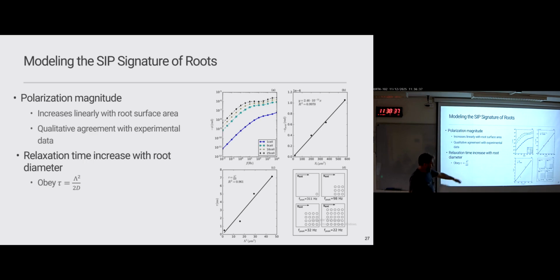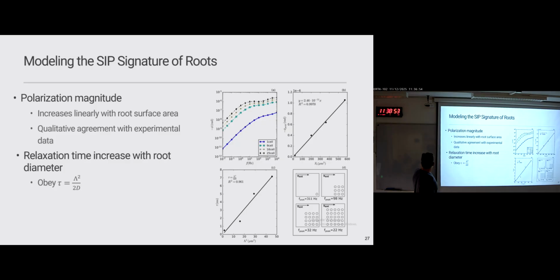Okay, so again, very nice linear relationship, and this suggests that the main mechanism or the size that controls polarization is the whole root and not the tiny root cells.